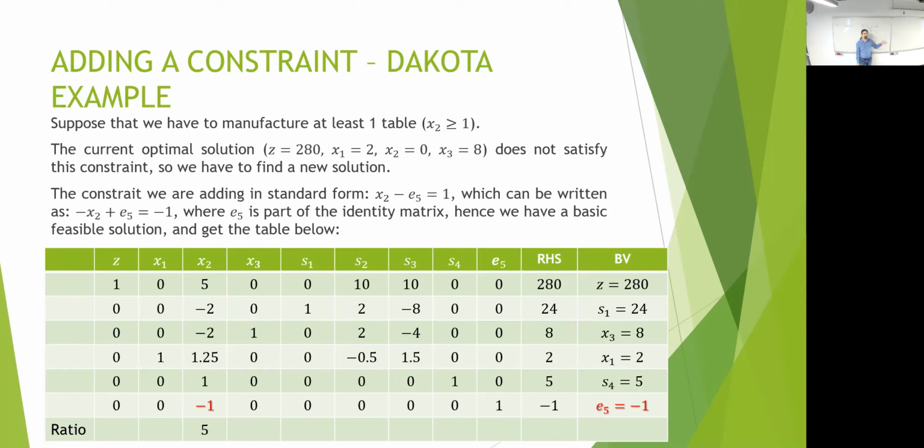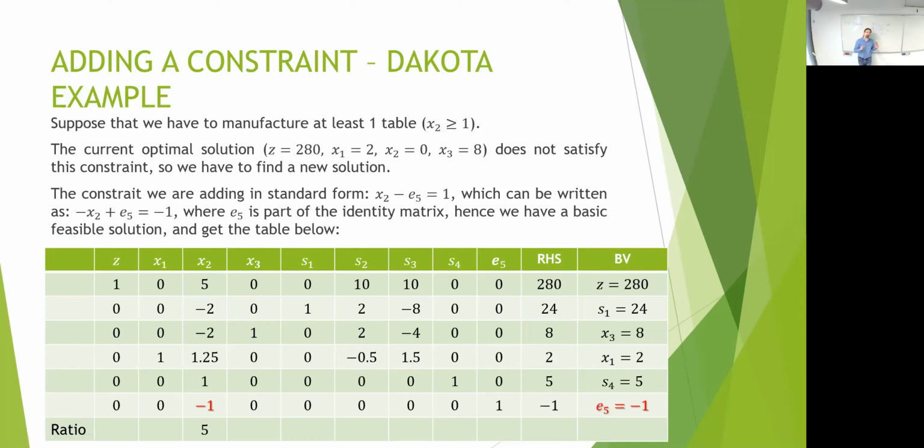But before I start this one, I have to check, for example, if this constraint was something like x2 plus x3 is greater than 1, or x2 plus x3 is greater than 10, let's say, I would have to find the identity matrix first before starting my operations. For example, if this x3 had a value over here like 10, then I would have to multiply this row with -10 and add it here to get rid of this value.